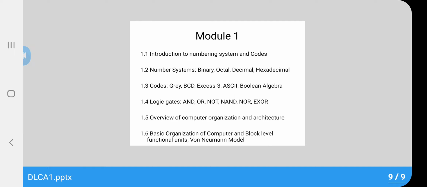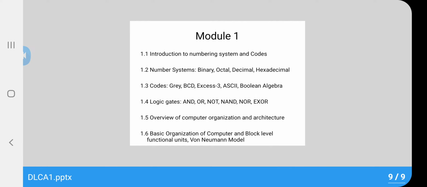Here are the topics which are mentioned with the first module. So the first topic is the introduction to numbering system and codes. Second topic is the conversion of numbers from one numbering system to another.